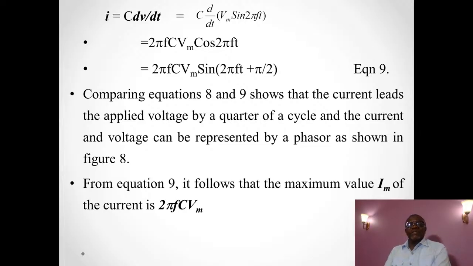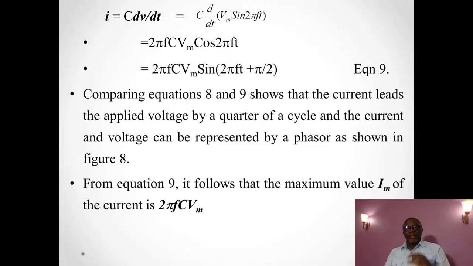if we differentiate it with respect to t, you will see that just like we've done in the inductive, it will give us 2 pi f C Vm cos 2 pi ft. Like before, you shift it back to get it to sine, it gives you plus pi over 2, equation 9.